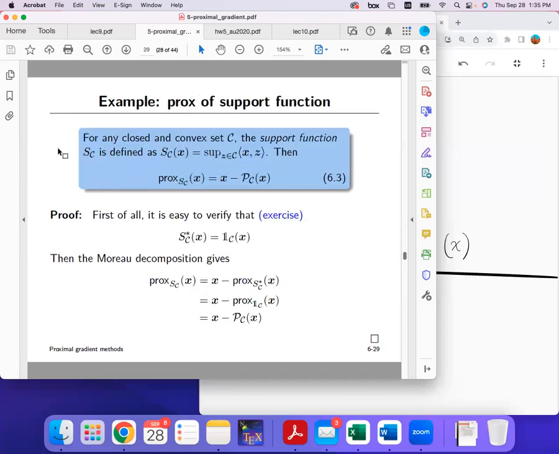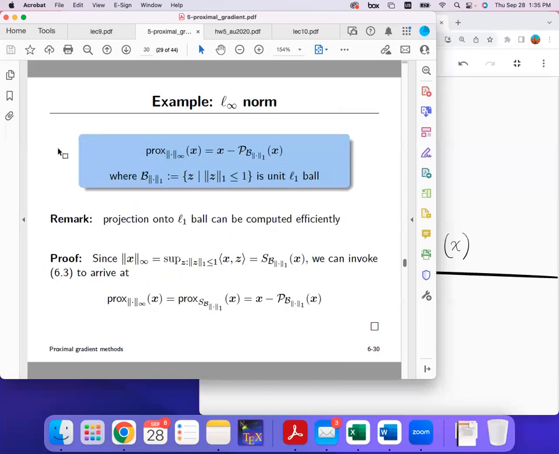Based on this result, based on this equation, we can look at some examples. We can derive the proximal operator associated with some norms. For example, we can show that the proximal operator associated with the L infinity norm is given by X minus the projection onto the unit L1 norm ball.